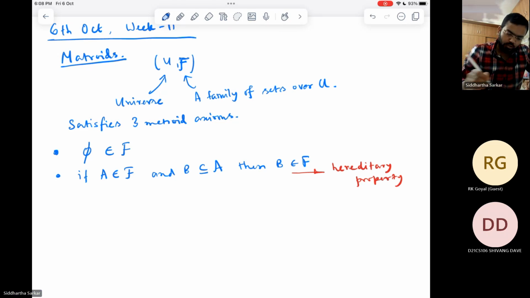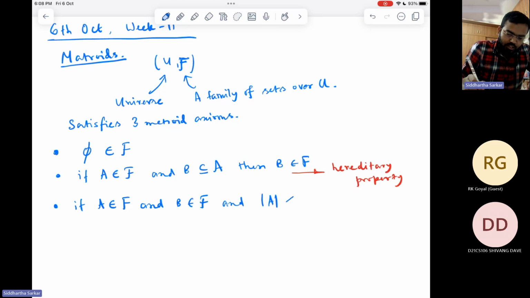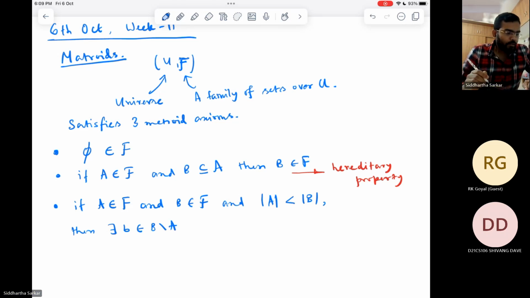There is a third axiom, which says if A is in the family and B is also in the family, but the cardinality of A is strictly smaller than the cardinality of B, then there exists an element b in B, such that if you merge A with this element, then that union will be in the family.